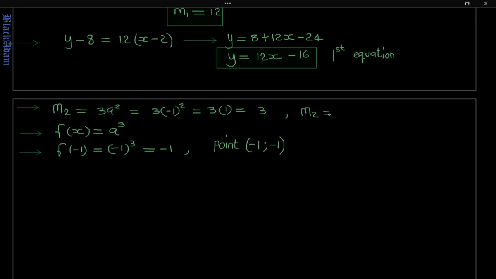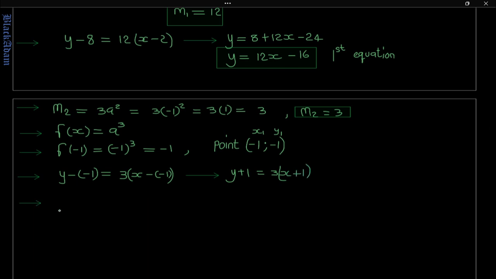So m2 is going to be 3, and that's x1 and that's y1, and then from there y minus bracket -1 equals 3 bracket x minus bracket -1. So that means we have y plus 1 equals 3 times x plus 1.